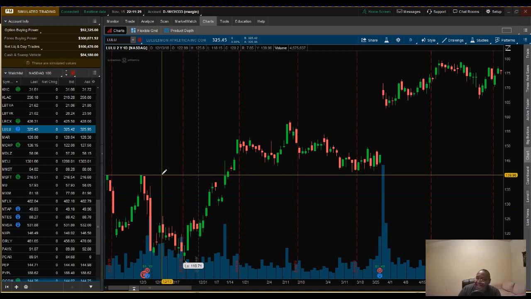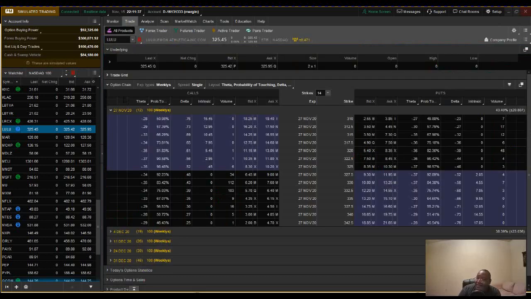Now, another way that people can make money with a stock going down is if you are buying put options. Put options are options where you are banking on the stock to go down to make money, right?